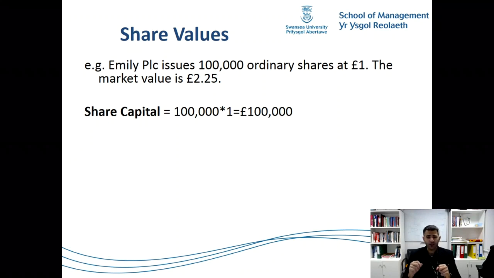If we need to calculate the share capital, so when you calculate share capital, you need to use the nominal value. Right? Which is 100,000 shares times £1 is the share capital. Right? 100,000 pounds. So the share capital is 100,000 pounds based on the nominal value.